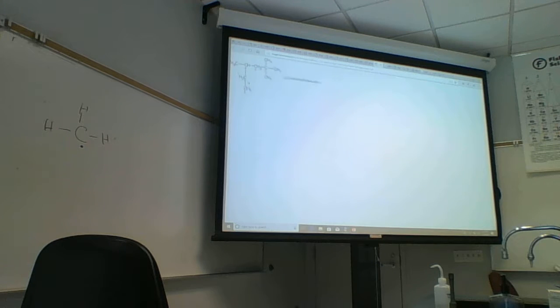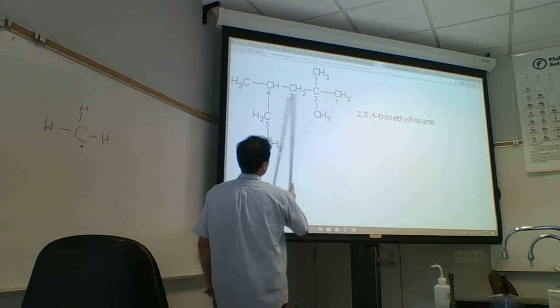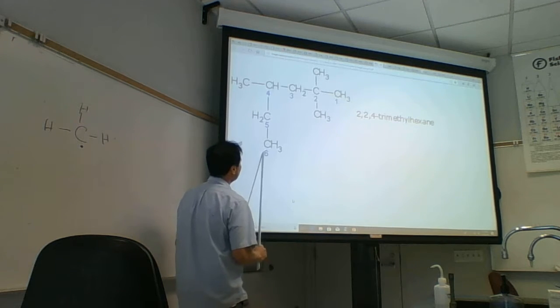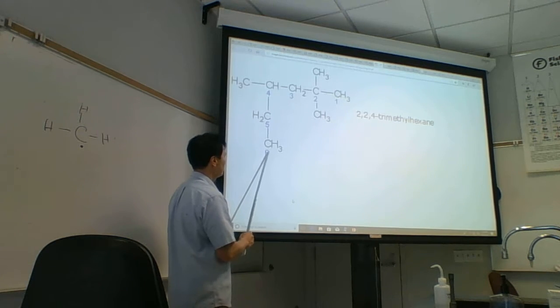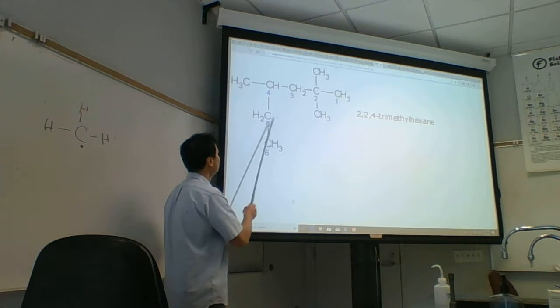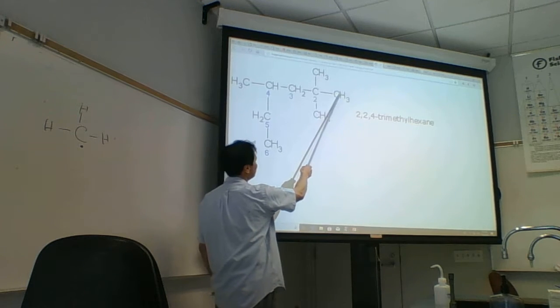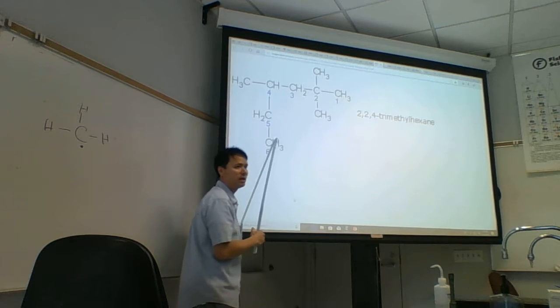If we go back to this one, take a look at how they numbered this. Could we have numbered it, well, we want the longest chain, but what if we numbered it this way? Rather than calling this carbon number 6, let's call this carbon number 1. So if we call this 1, 2, 3, 4, 5, 6, then we get a little different name.